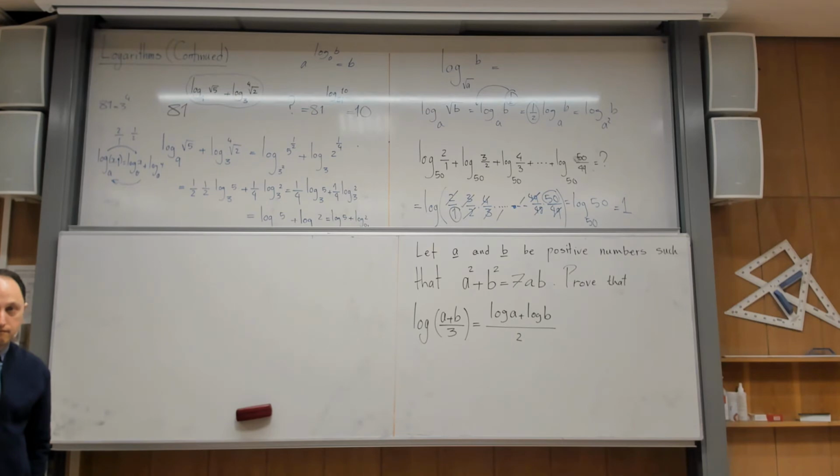And then use the formula to change that to (a plus b) squared is equal to 5ab. So your grand picture is correct, but technically it is wrong.